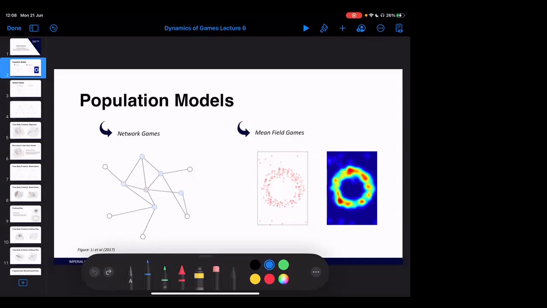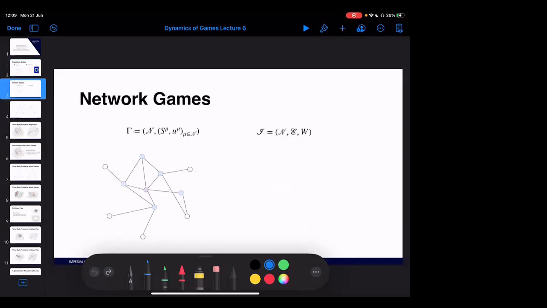What that assumption allows us to do is, instead of looking at the microstate of the system, so each agent's individual state, we rather model a distribution over the entire population, and now each agent only has to react to this distribution function. But as I said, we're going to focus on the network game today and then go on to the mean field game later on. Okay, so network games.